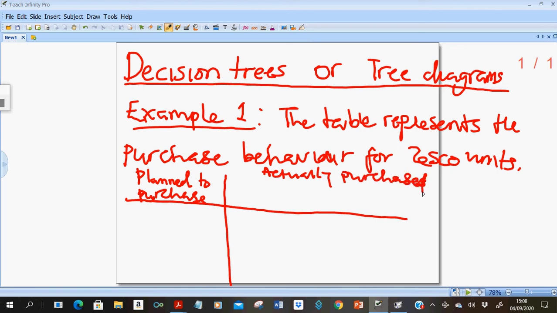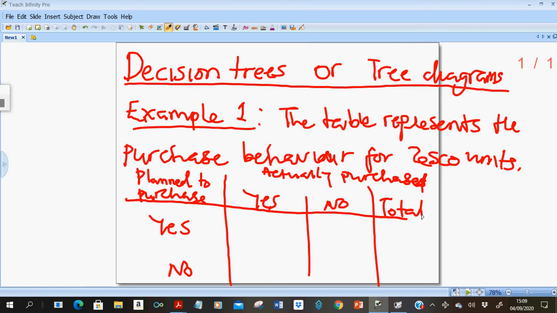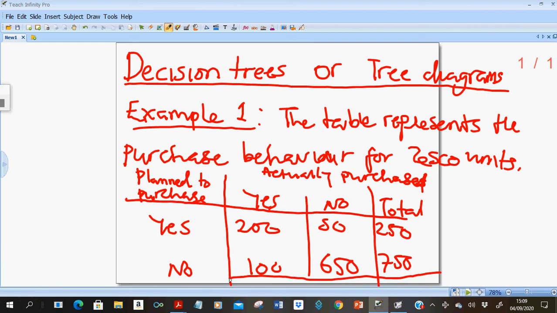Here we have those that planned and those that did not plan, then those that actually purchased and those that did not purchase, and we have the totals. We have 200, 100, 50, 650, 250, and 750. The total there is just 1,000.